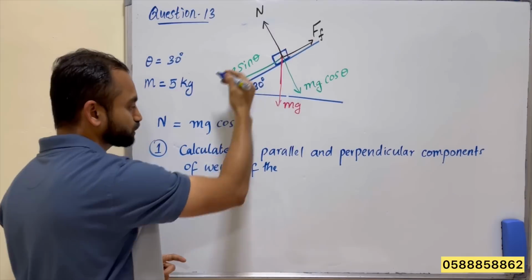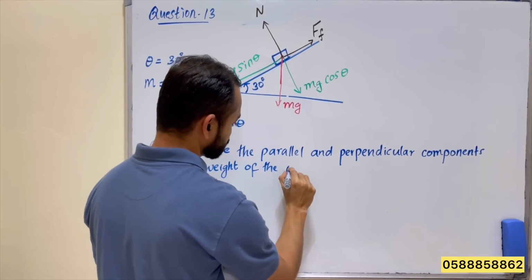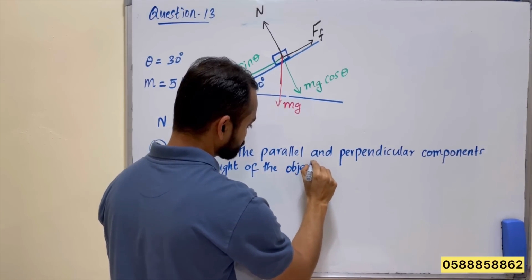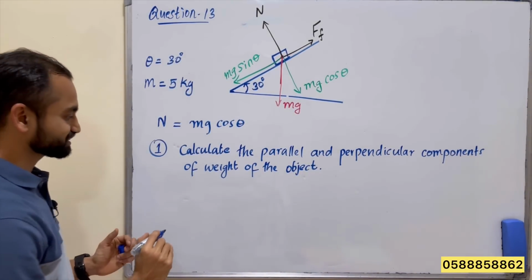If a child is sliding, that will be the weight of the child, the weight of the object here, the weight of this box.